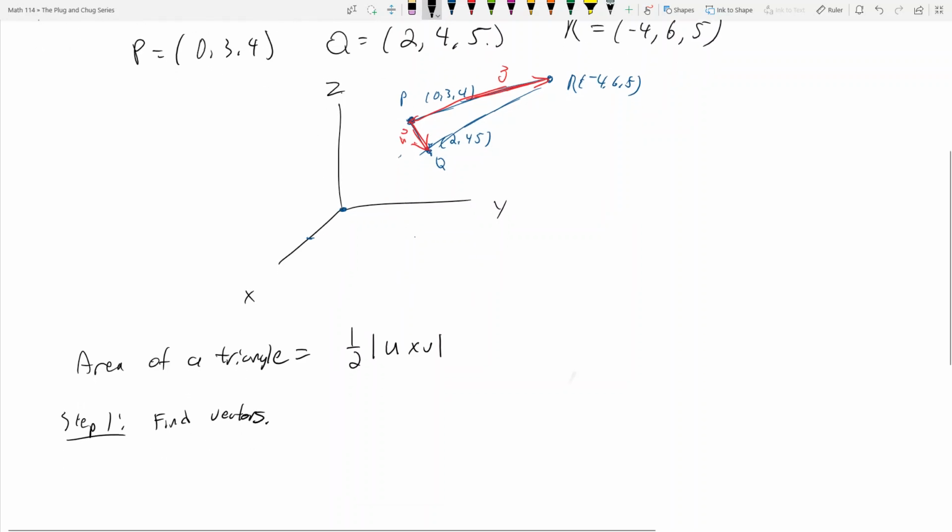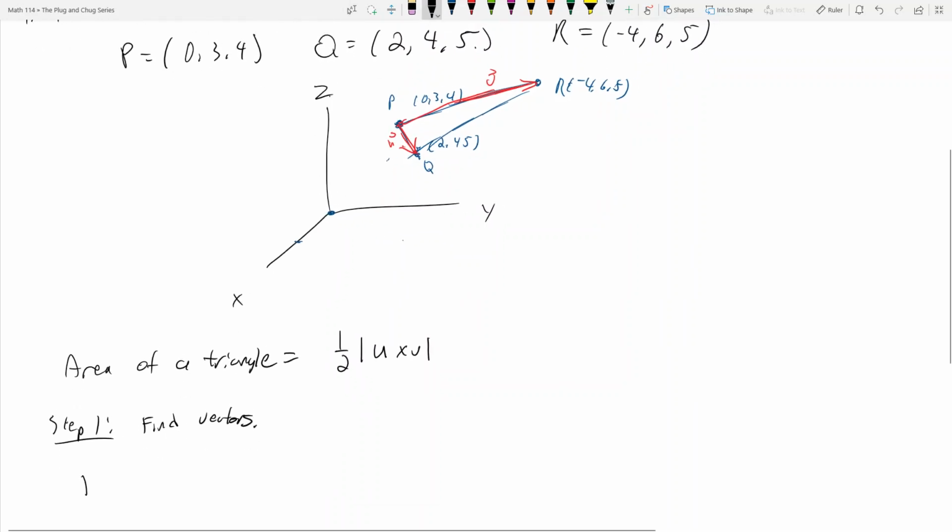Sometimes you might just be given these vectors. So what is the vector PQ? Well, it's 2 minus 0, which is 2, 4 minus 3, which is 1, and 5 minus 4, which is 1. That's the vector PQ, and we'll call this U.